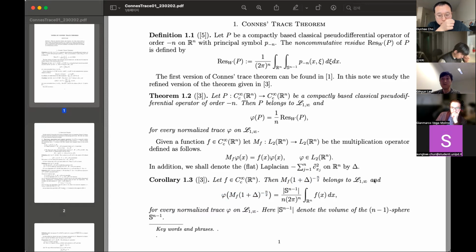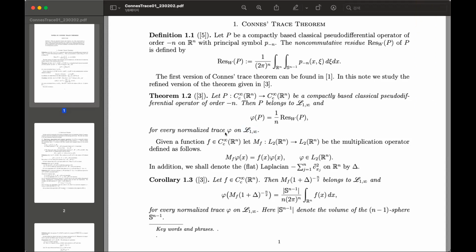Okay, so I will explain how to connect this to the data, which seems completely irrelevant at first glance. But for today, I will focus on explaining the meaning of this space L^{1,∞}, the domain of this trace used in the left-hand side.